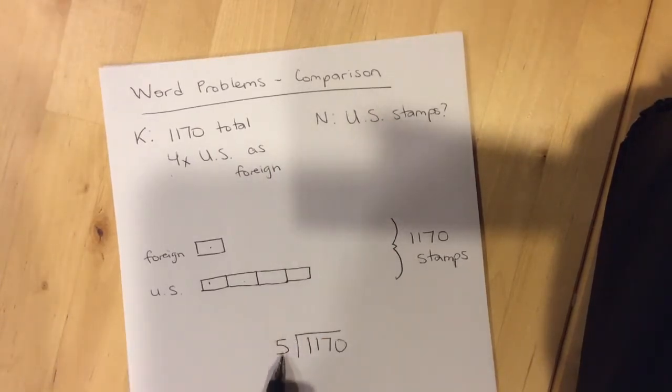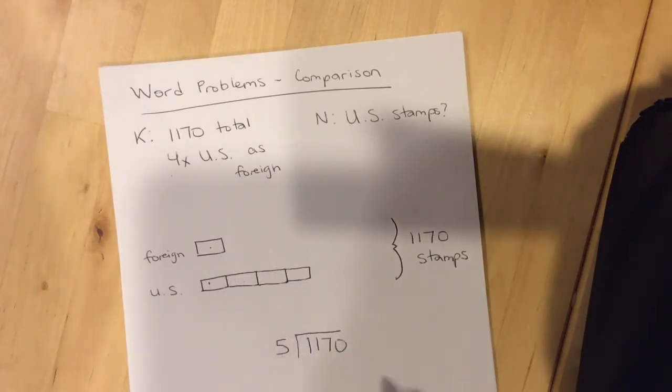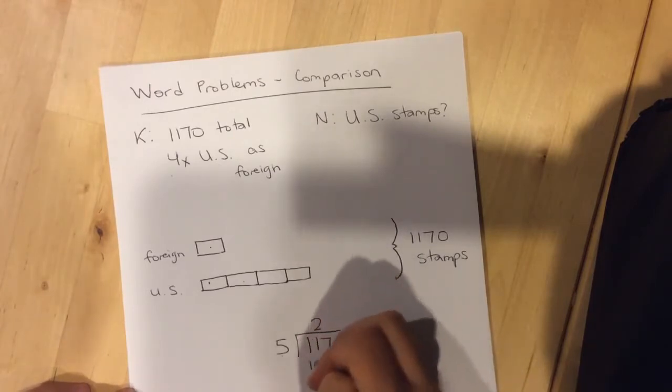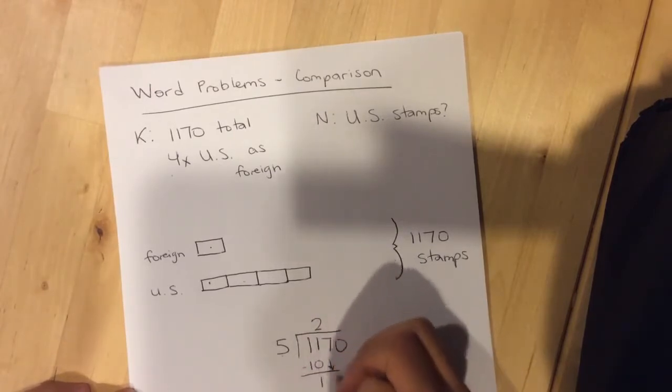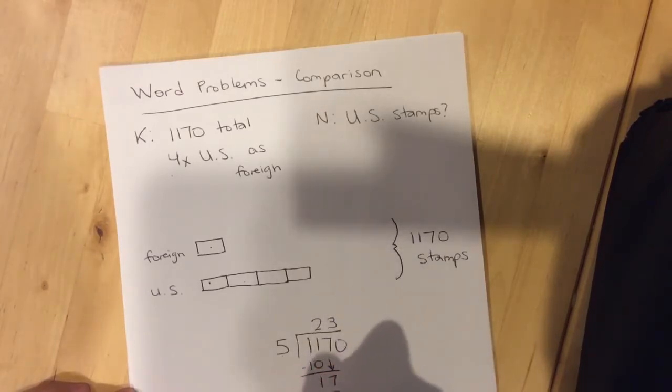So here I will be dividing by 5, which represents the fact that I have 5 units. So let me go ahead and do the division. Now 5 can go into 17 3 times, minus 15, that's 2. The 0 comes down. 5 can go into 20 4 times.